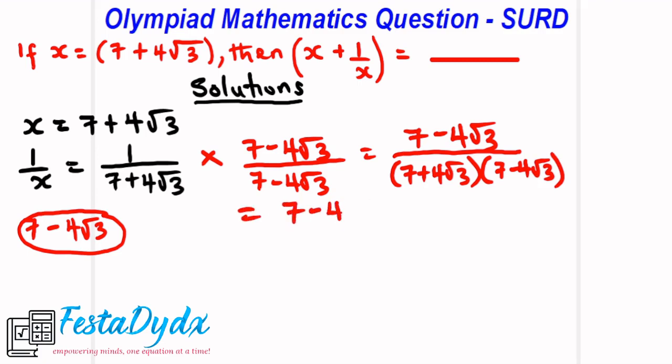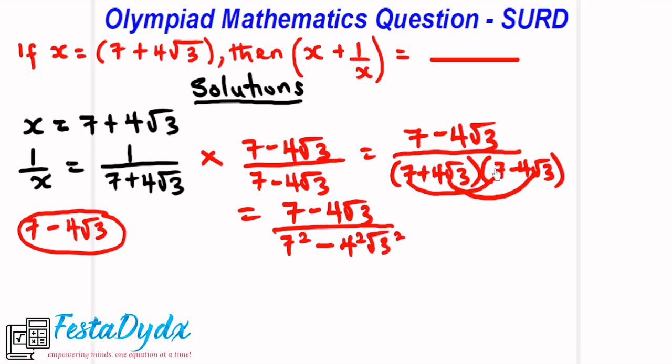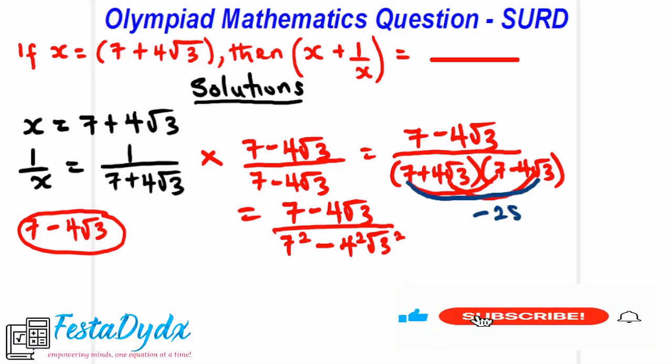7 minus 4 root 3 all over 7 times 7 is 7 squared. Then minus 4 root 3 times minus 4 root 3. Plus times minus is minus. Then 4 root 3 times 4 root 3 is going to give us 4 squared and then root 3 squared. This is the best way to expand surds, because even if I say we should do 7 times minus 4 root 3, we'll get minus 28 root 3.